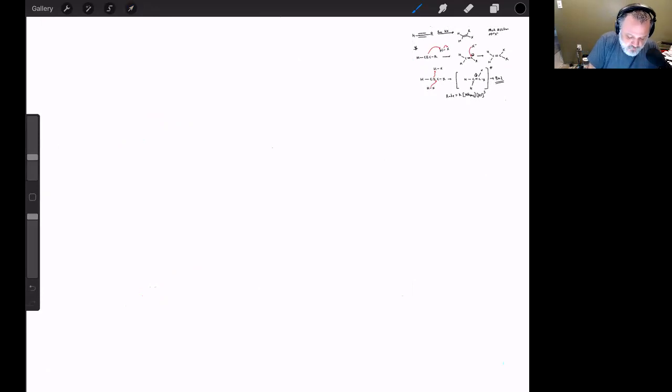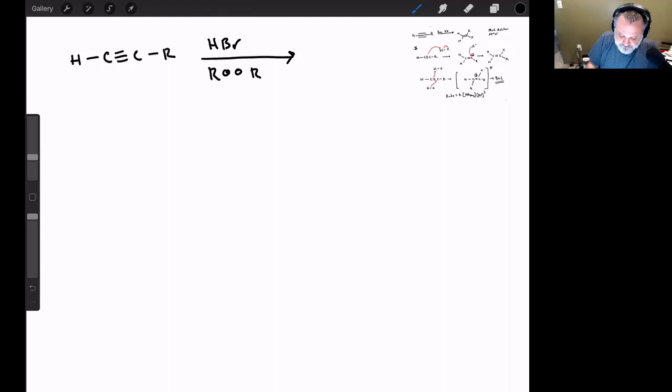Now, you can still get anti-Markovnikov addition, but it's only of HBr in the presence of peroxide. And you end up with an alkene.